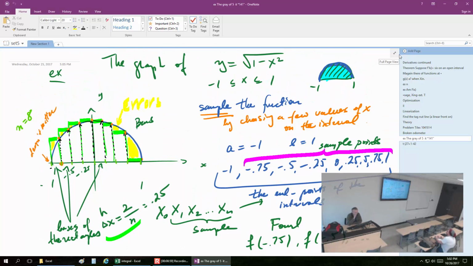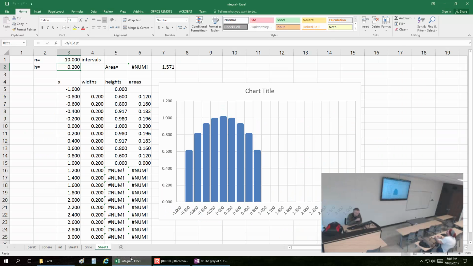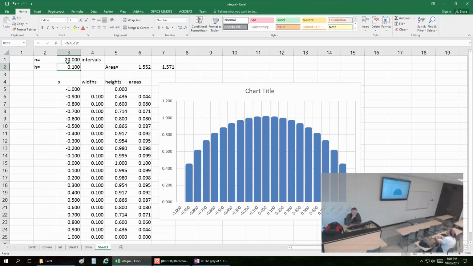Okay, so then it worked out pretty well. Again, if you remember, this is what happened. This is our approximation, especially if we have 20 intervals. With 20 intervals, our -1 to 1 interval is subdivided into smaller intervals.